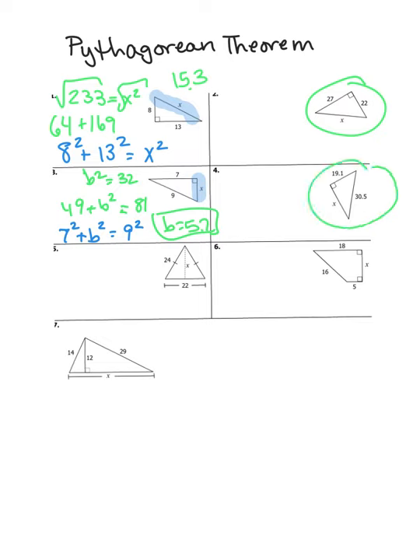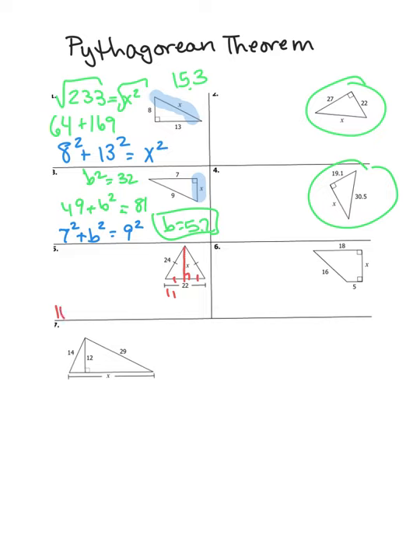Now, number 5 shows an isosceles triangle. If you remember from geometry, when an isosceles triangle has a line drawn from the vertex angle to the base, it creates 2 right triangles and it bisects the base. So it makes this side 11. Now I'm in a situation very similar to 3 and 4, where I'm simply looking for the missing side.